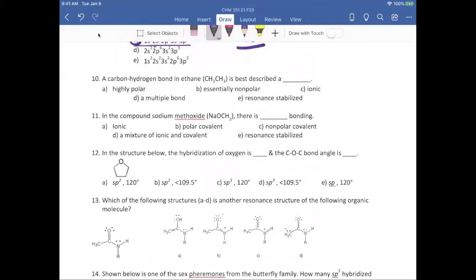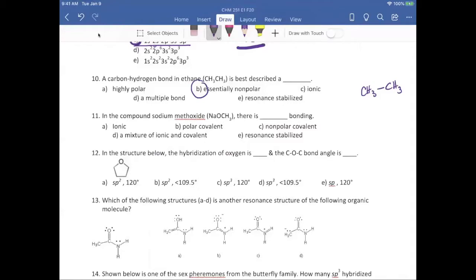So the carbon-hydrogen bond in ethane, which is just CH3 single bonded to a CH3. So any one of these carbon-hydrogen bonds, we talked about polarity in terms of hydrogen and carbon being very, very close in electronegativity. And so it is essentially nonpolar. It's certainly not highly polar because that would be a very strong electronegativity difference like fluorine and carbon.